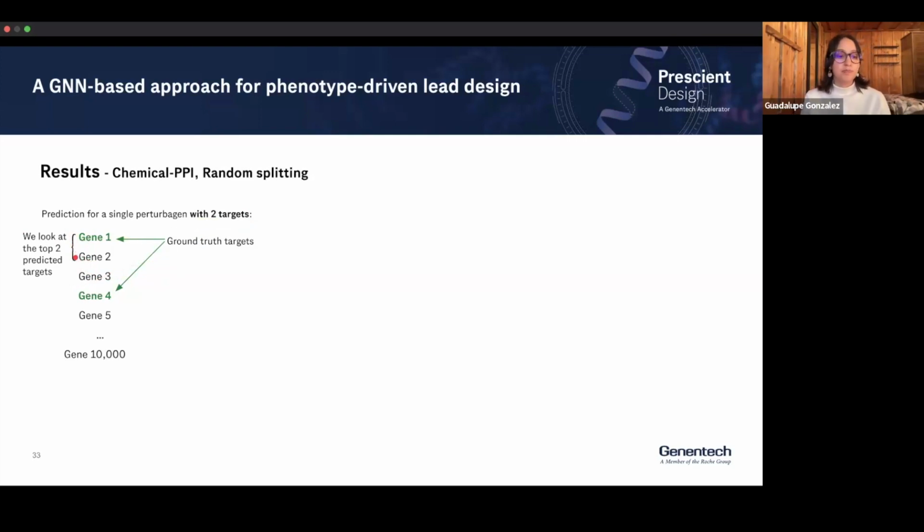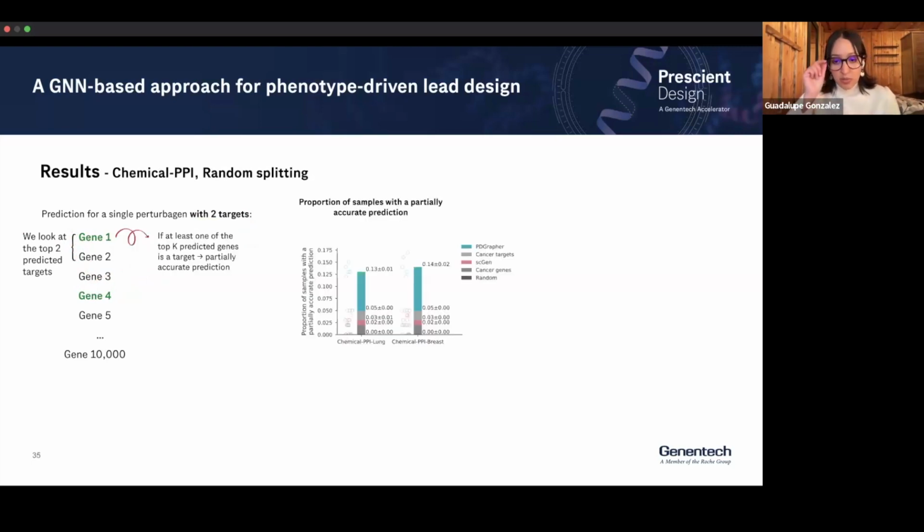And if at least one of them is a ground truth target, we say that that's a partially accurate prediction. So we use this to compare the predictions across models. Okay, so we can compare these across the mechanistic baselines and Estigen. And again, here we see that PDGrapher outperforms the baselines.